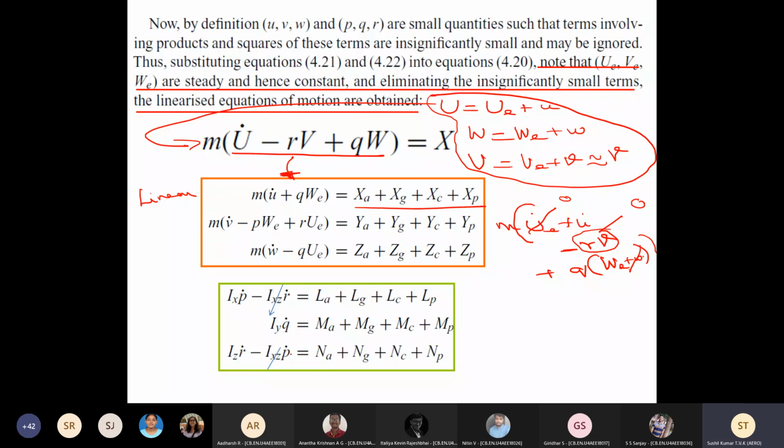Now I request you, today is Tuesday, Wednesday, Friday again we are having class. Up to whatever we have done so far, with your own handwriting, you write it. Don't submit it on Friday. We'll do the next part of the derivation that will include gravitational terms, and then we'll try to expand it.